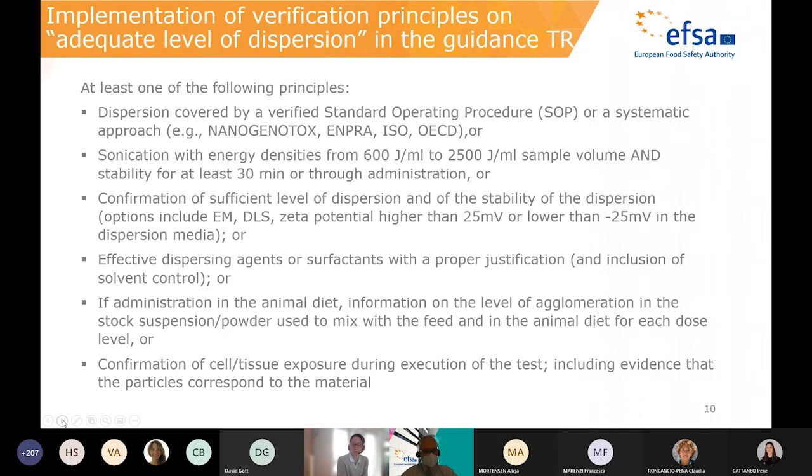The use of effective dispersion agents, or a good level of agglomeration in the stock suspension that is used to mix with the feed that the animals are provided with, or confirmation of the cell or tissue exposure during the test. So this is more related to the internal exposure. Has the material really been taken up by the animal or by an in vitro cell system?